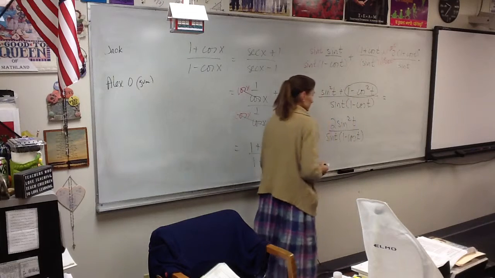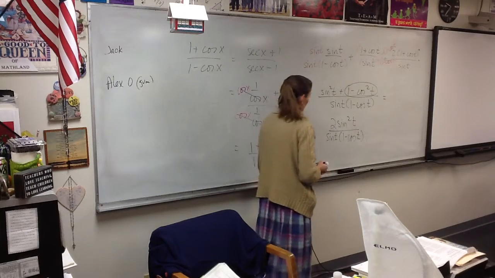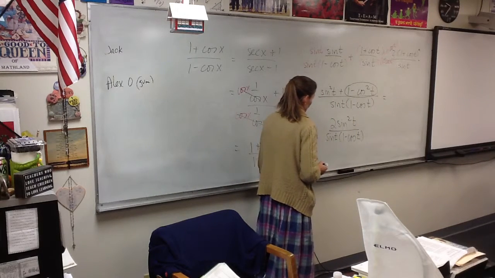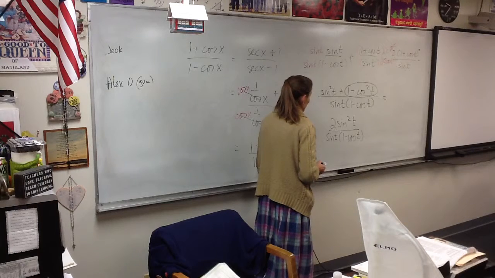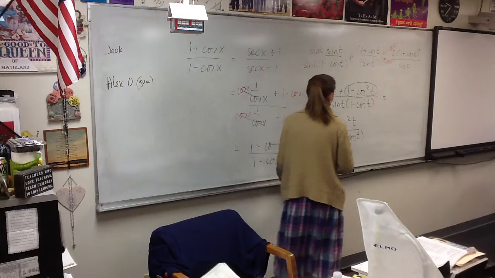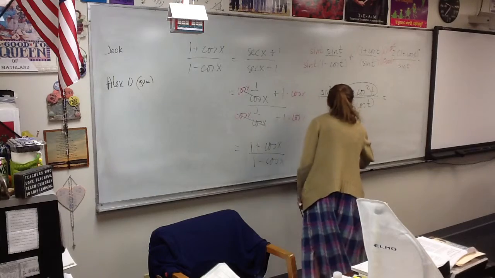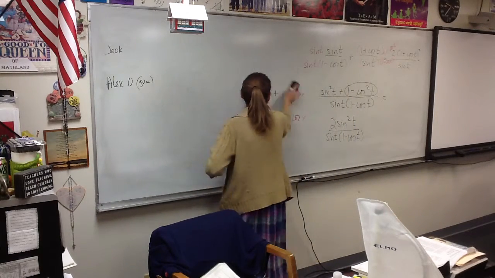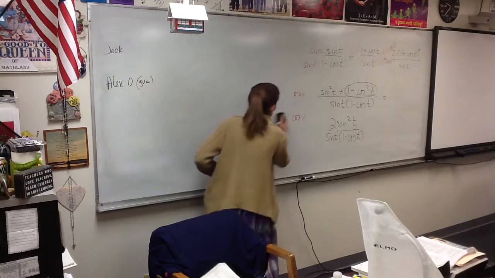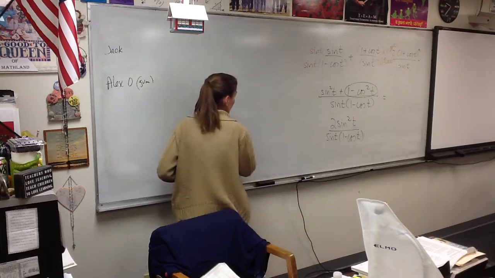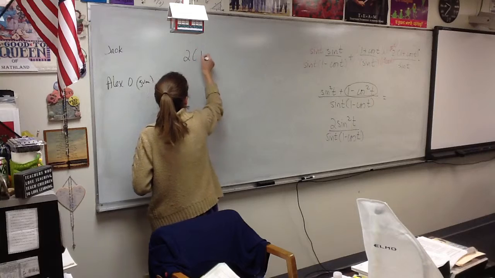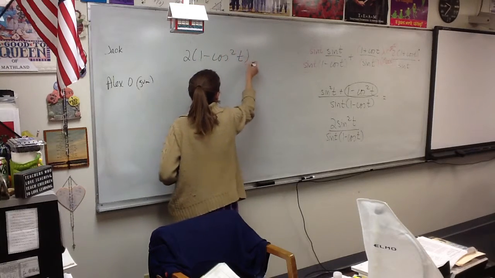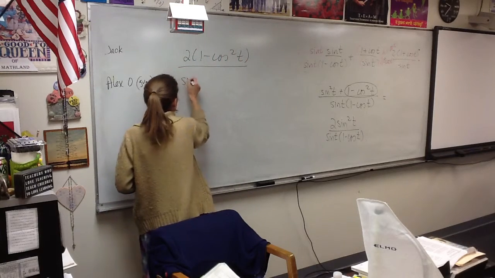Okay. And then can you put the sine squared in parentheses and make it into 1 minus cosine squared again? Yep. So now we're going to make that 2 times 1 minus cosine squared over sine.